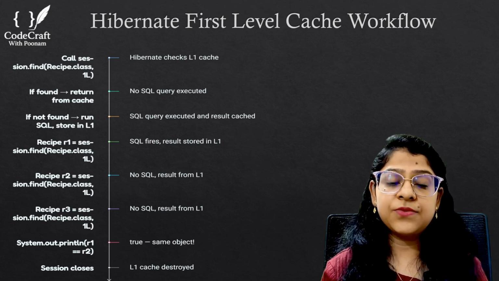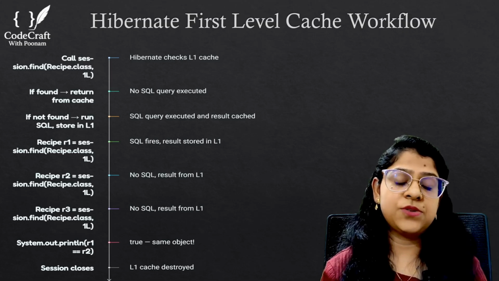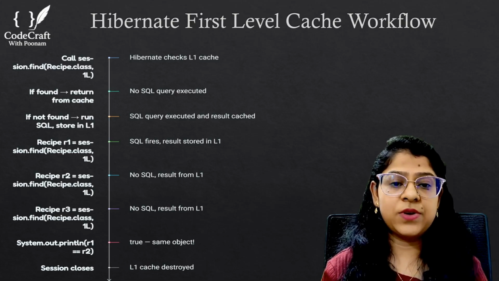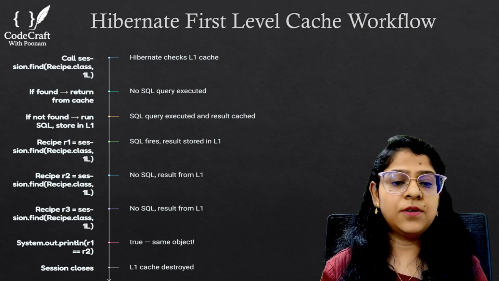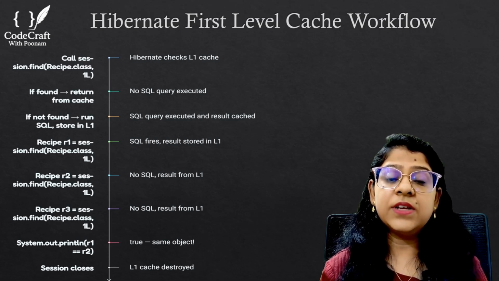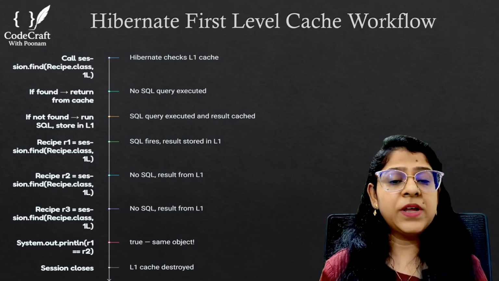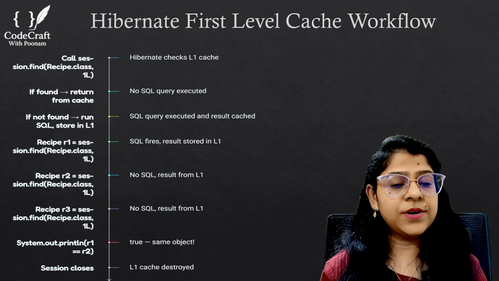If it is found, it returns from the cache, with no SQL. If not found, it runs SQL, stores the results in L1, and then returns. The L1 cache is destroyed when the session closes. Opening a new session starts with an empty cache, so this is why L2 exists. Got it?